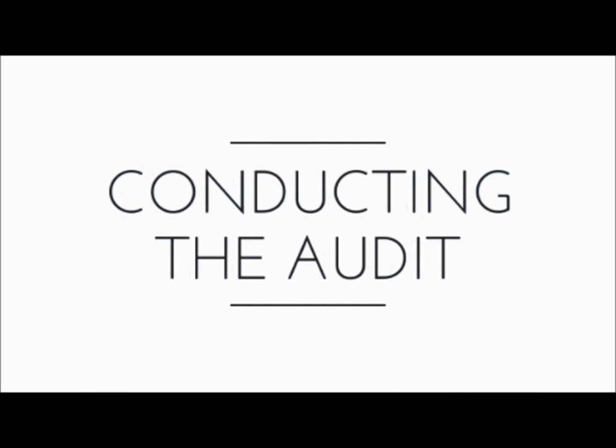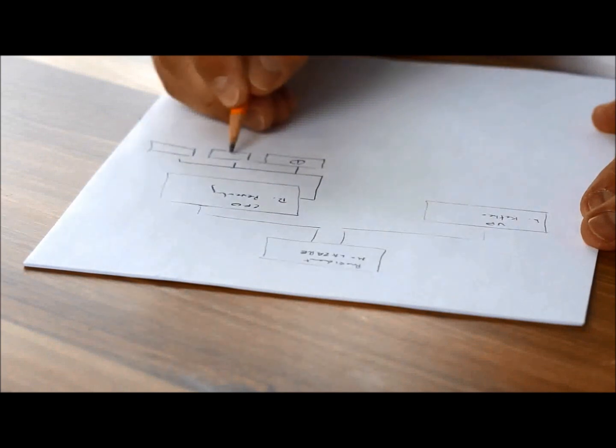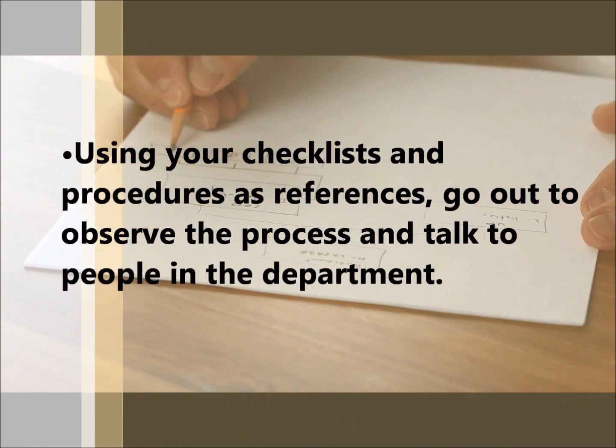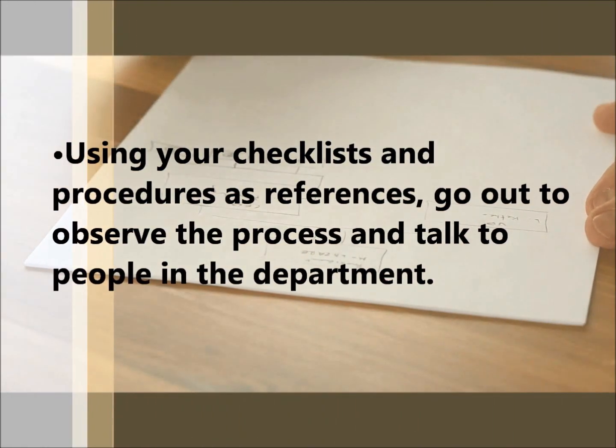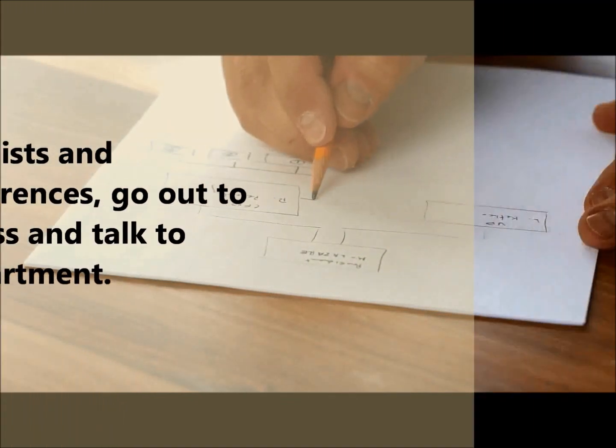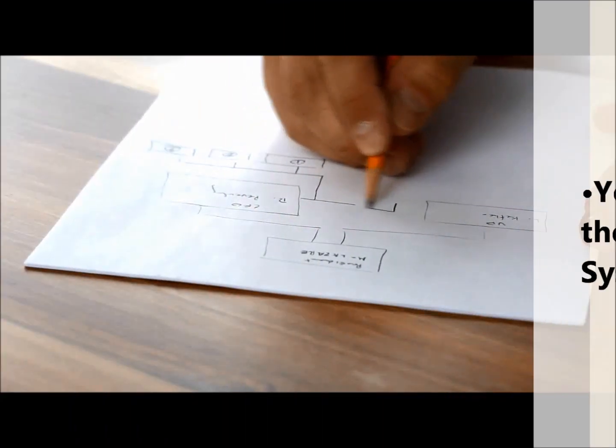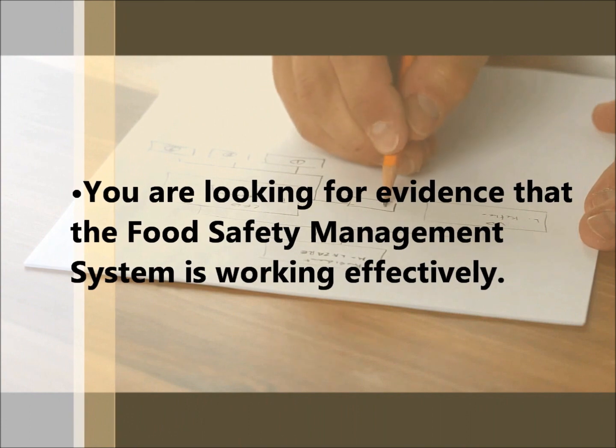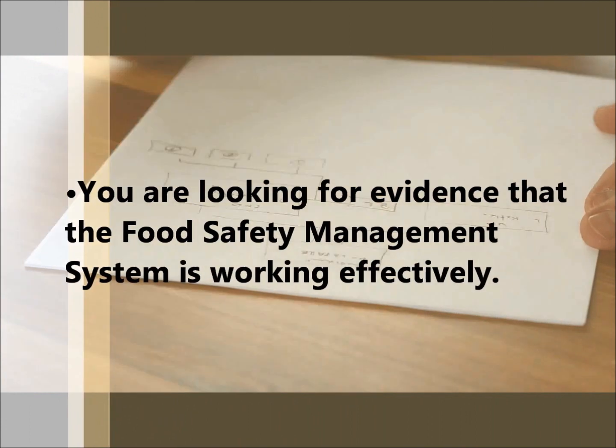Conducting the audit. Using your checklists and procedures as references, go out to observe the process and talk to people in the department. You are looking for evidence that the food safety management system is working effectively.